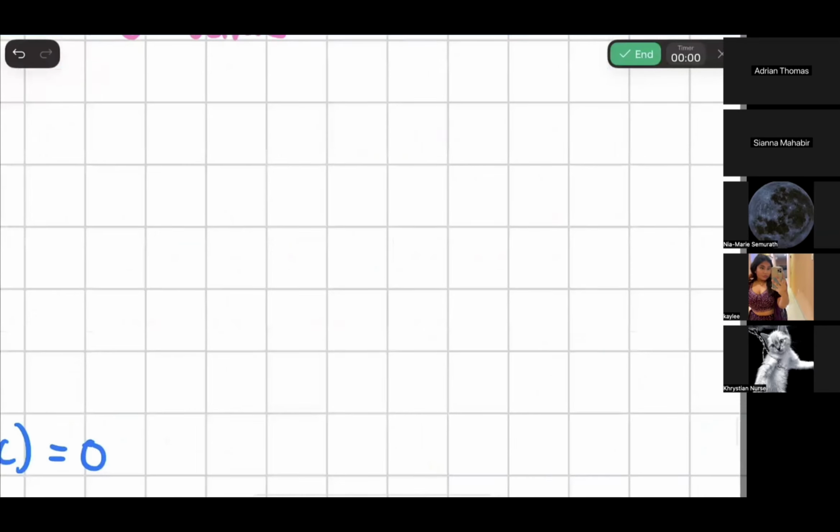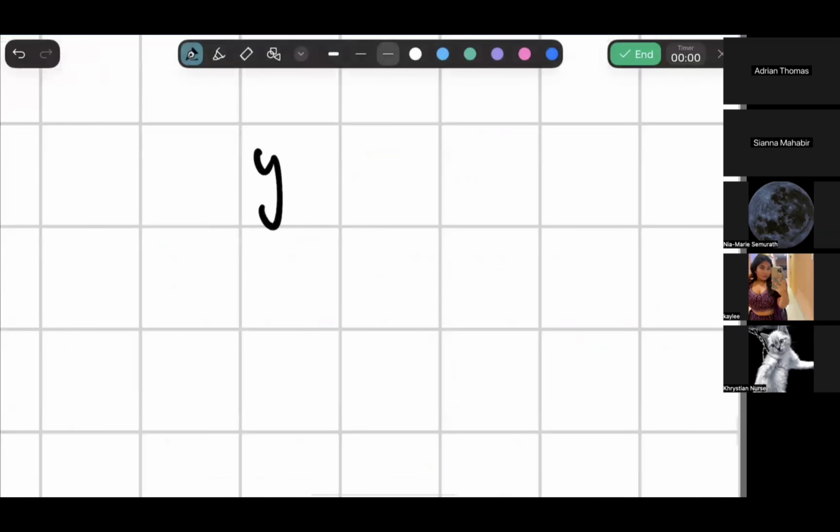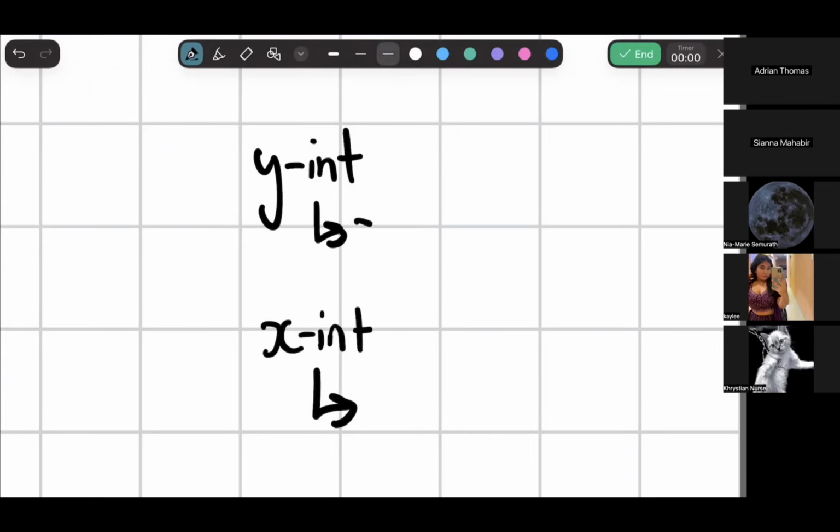And so let's just summarize that, because you need to know this all the time. At the y-intercept, what is 0? Think about it. Right, x is 0. And at the x-intercept, what is 0?